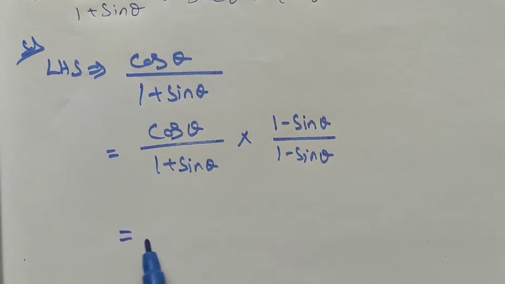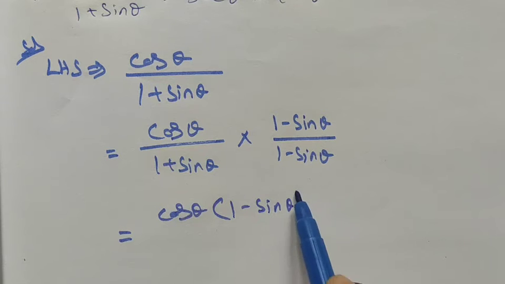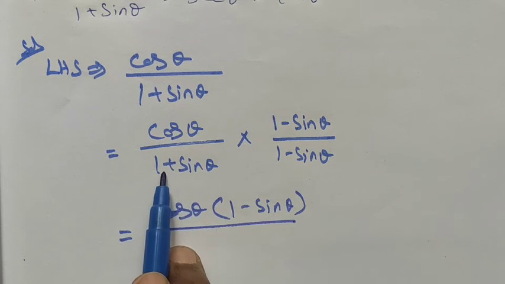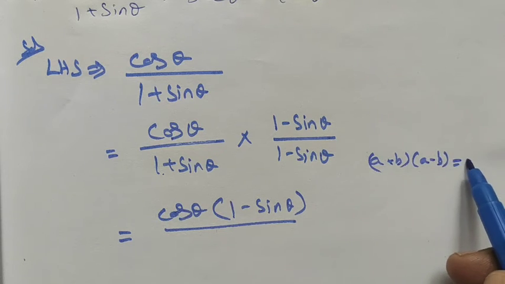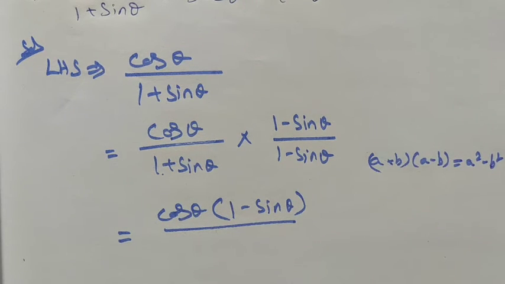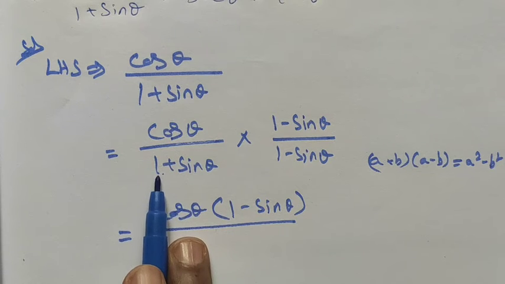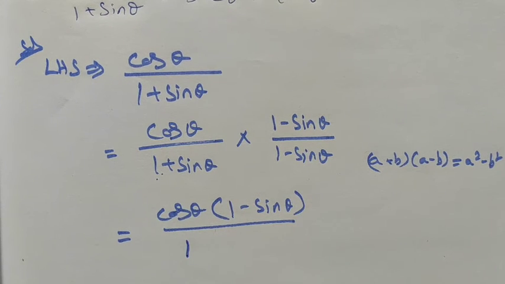Now multiply the terms: cos theta into (1 minus sin theta) divided by, this is in the form of (a plus b) into (a minus b), so a square minus b square. In the place of a is 1, 1 square is nothing but 1, minus, in the place of b is sin, so sin square theta.